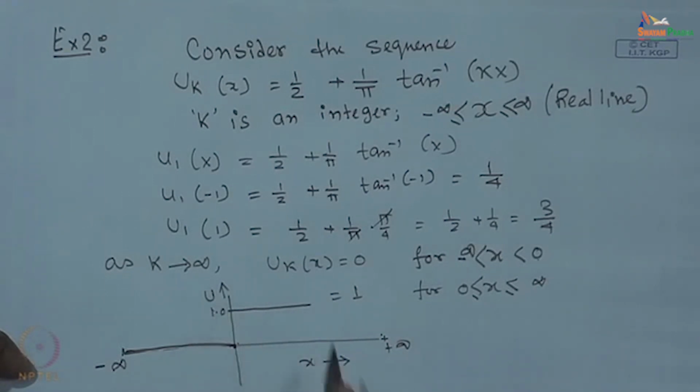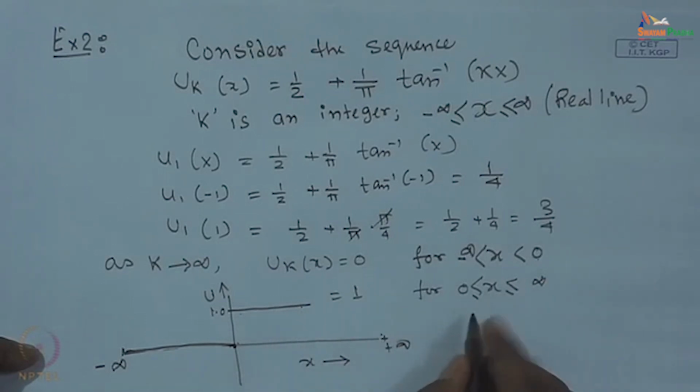So, therefore, this sequence is not at all a converging sequence. It does not converge to a point in the space, rather it assumes two different values. In one domain of the space it assumes a value 0, in another domain it assumes a value 1. So, it is not a converging sequence.